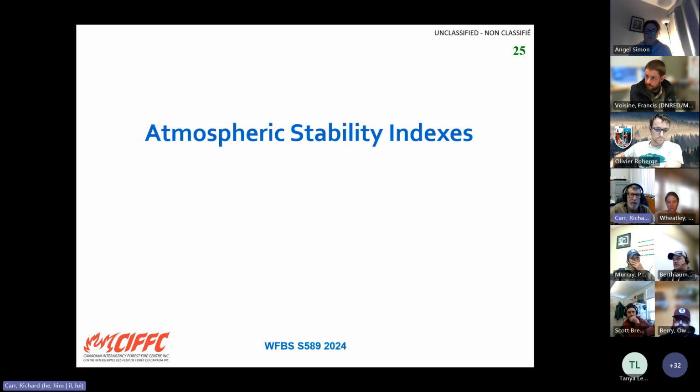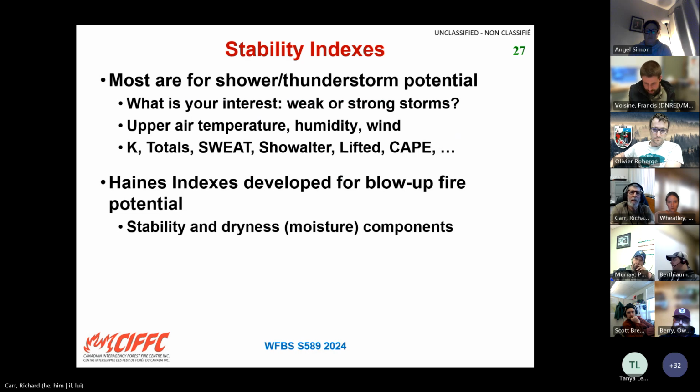But first, let's go into some stability indexes. So I mentioned before, most of these are for shower and thunderstorm development. But once again, what is the real interest? Are you trying to predict weak or strong thunderstorms?